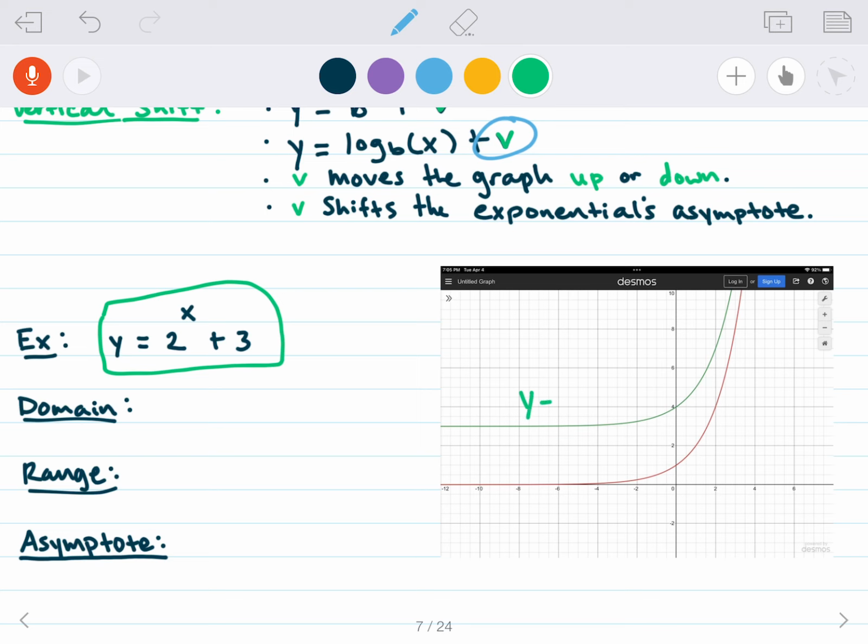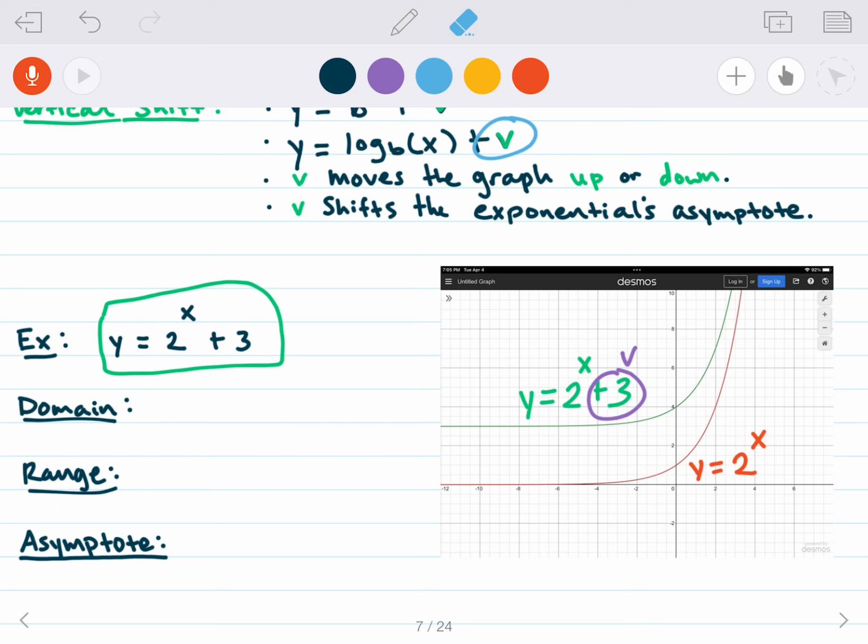It's in green. So what would our parent function be? Well, our parent function would be just this boring function y equals 2 to the x, which is in red right here. And this number at the end is telling us how much I need to shift the parent function up. We can see that we're shifting it up 3 units. So every point on the parent function gets moved up by 3 units, each y value.